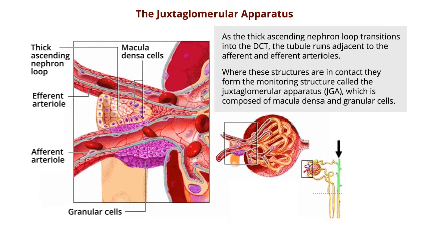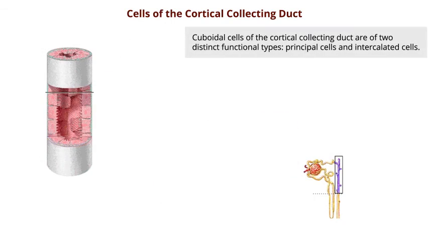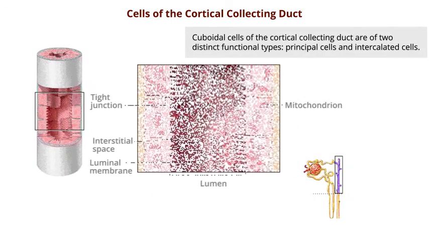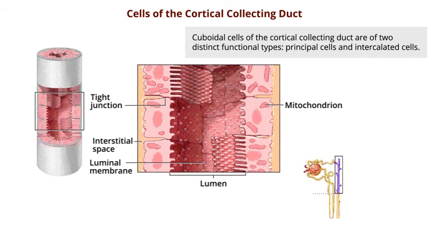Now let's look into the cortical collecting duct on the small nephron to see the cells of this region. The cuboidal cells of the cortical collecting duct fall into two distinct functional types: principal cells and intercalated cells.